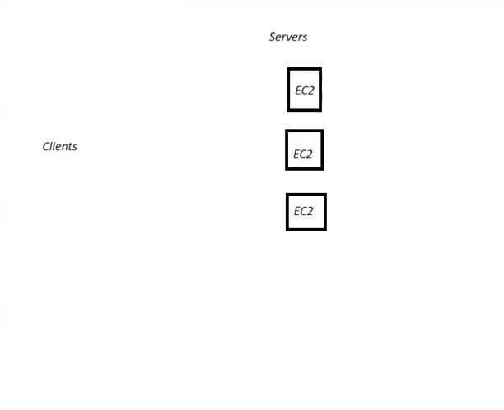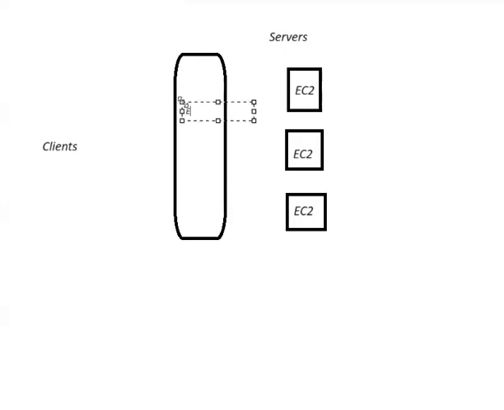So in this case, what do I require? I need a distributor. I need a traffic distributor among all these EC2 instances. What is the request distributor that we use in AWS? Elastic load balancer. So let's say I have created an elastic load balancer for distributing traffic from my clients to all the EC2 instances.